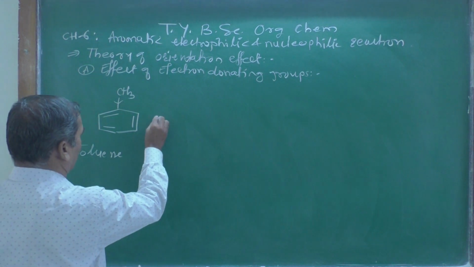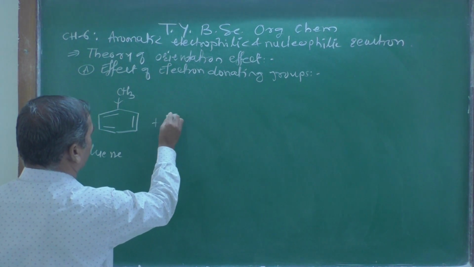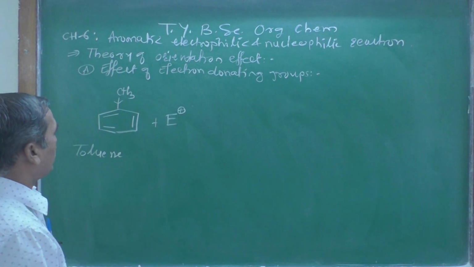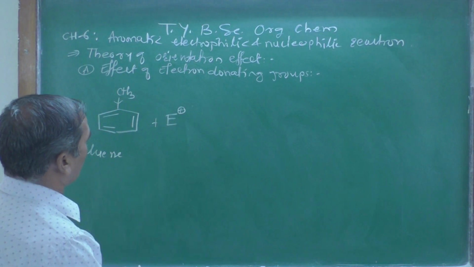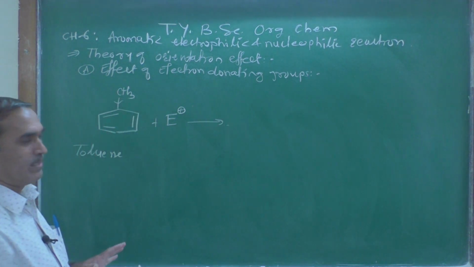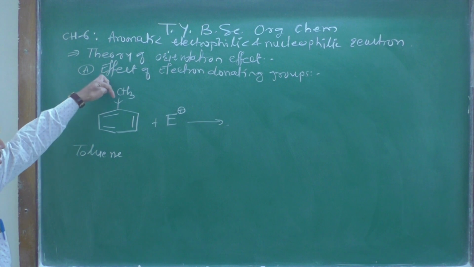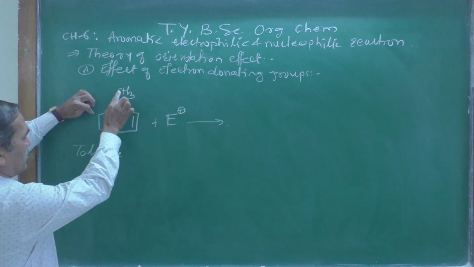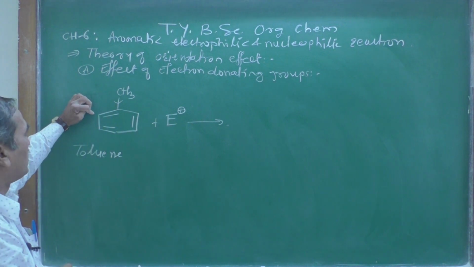Let us see here, when we are adding E plus, representing the electrophile, and when this electrophile attaches, there are three possibilities. This is the toluene or this alkyl group. Look at these two positions adjacent to that methyl group.